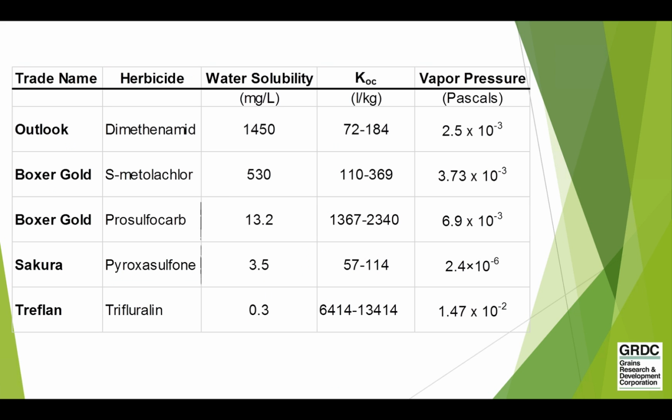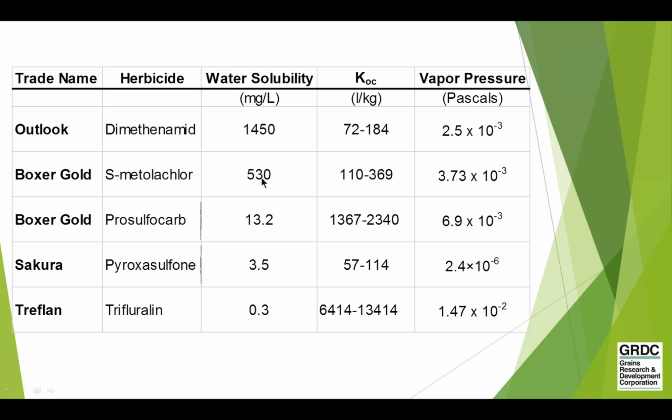So let's look at these five different herbicides. I have them arranged here by water solubility: dimethenamid, s-metolachlor, and prosulfocarb, which are part of Boxer Gold, pyroxasulfone, which is in Sakura, and trifluralin, which is in Treflan. You can see there's quite a range in the water solubility. The most soluble is dimethenamid, at about 1,450 milligrams per liter.